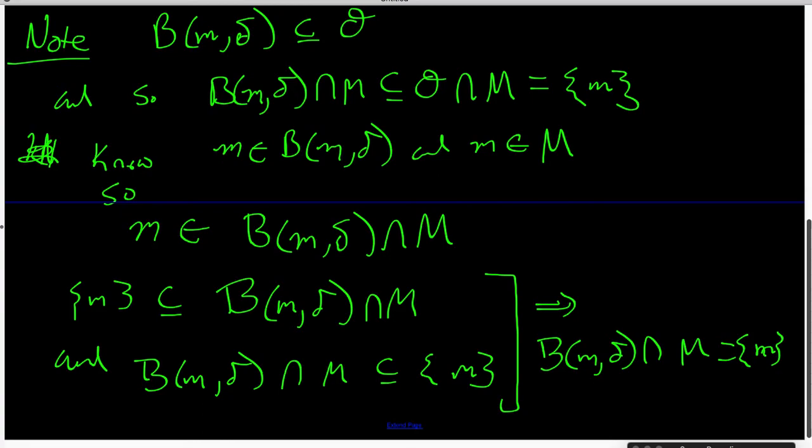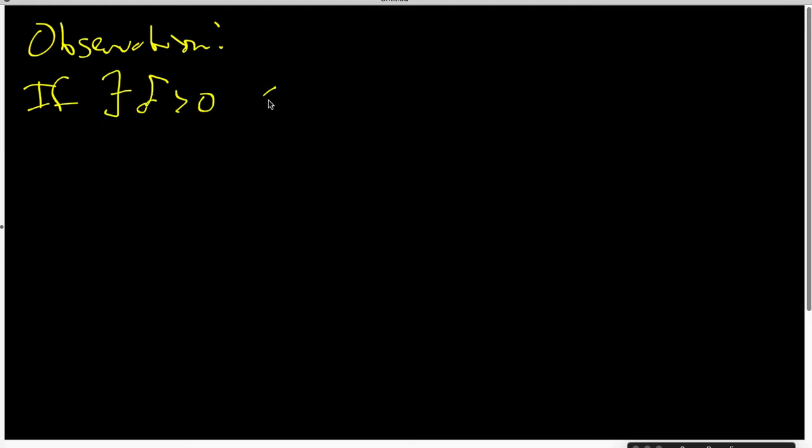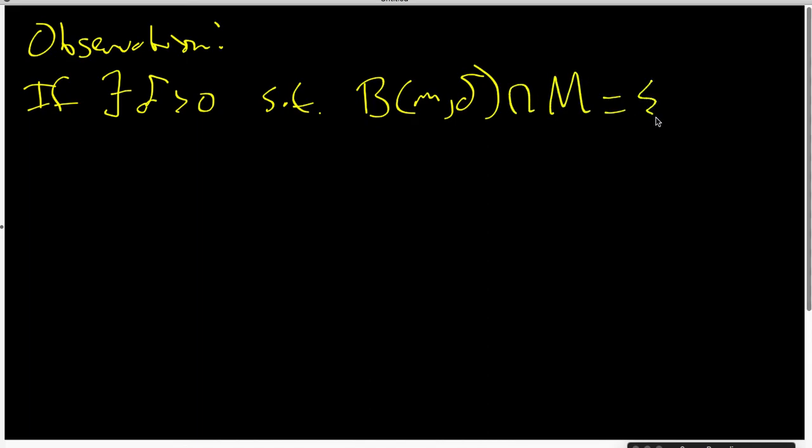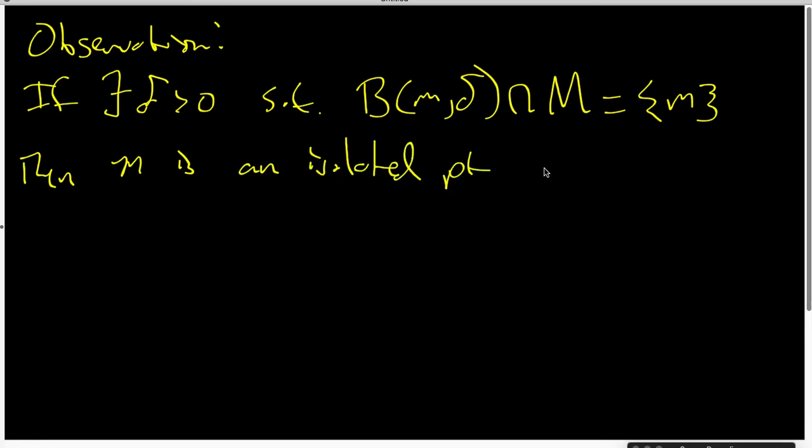So an observation: if there is a delta bigger than 0 such that the delta ball centered at m of radius delta intersected with the set M is just the singleton set containing m, then that will imply that m is an isolated point for the set M. The reason why is pretty straightforward and simple.